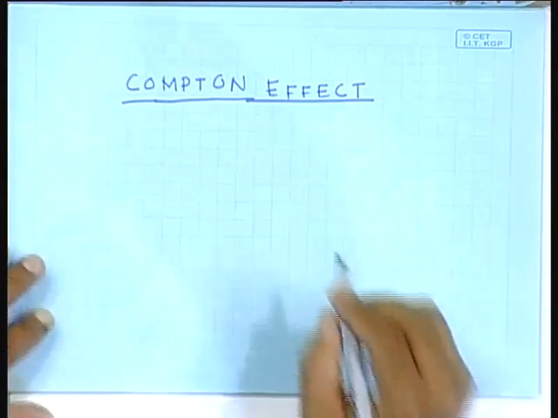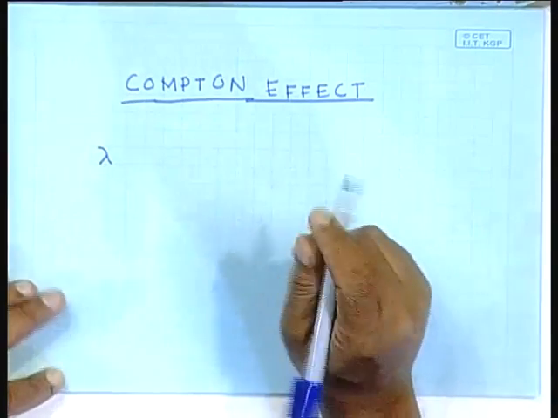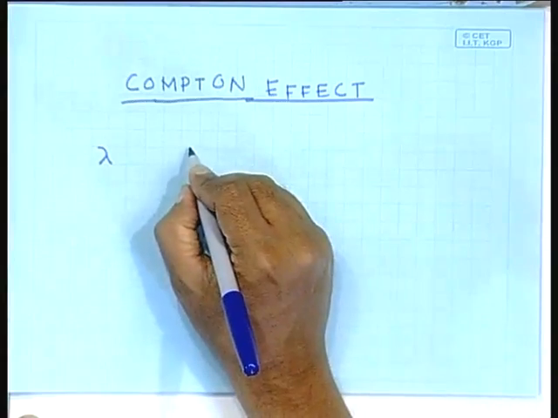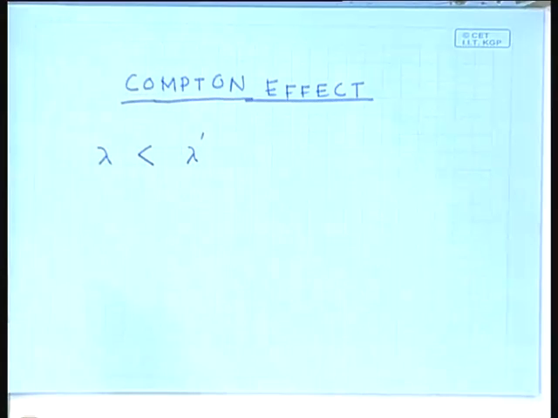Compton effect is as follows: you have radiation of wavelength lambda incident on an electron or on a collection of electrons on a target, and the radiation that comes out you find has a different wavelength lambda prime, which is larger than the incident wavelength. This is the Compton effect, and the question is, how can you explain this?